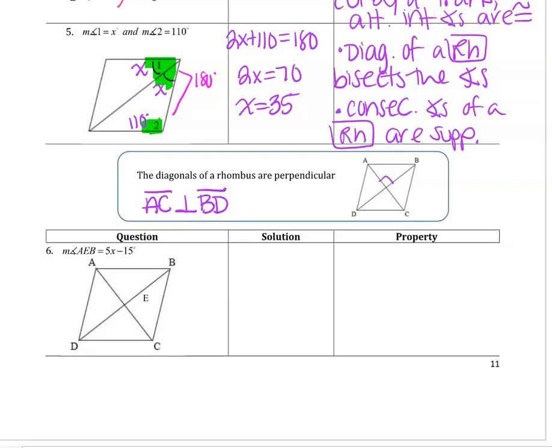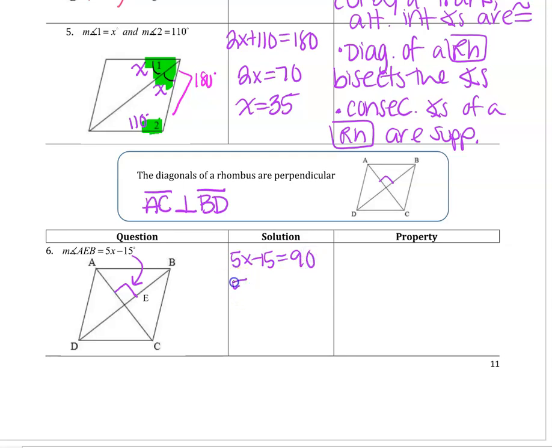All right, so in the diagram below, again, this is a rhombus. I'm telling you AEB, which is this little angle right in here, is 5x minus 15. Now, keep in mind, again, I know the diagonals of a rhombus are perpendicular. So perpendicular lines create right angles, which means the expression 5x minus 15 must equal 90 degrees.